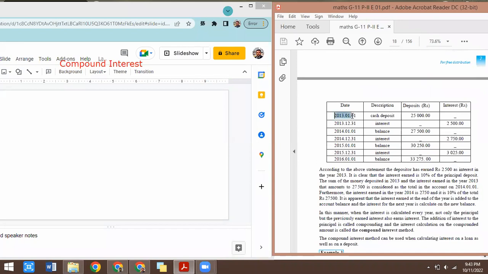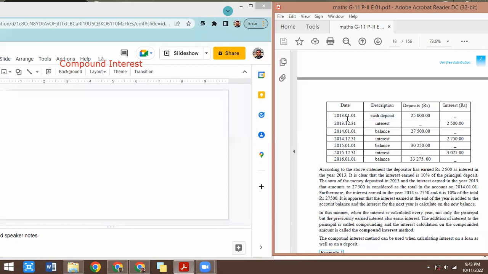The dates are given here: the very first day of the year 2013, and then the end of 2013. Then again, the first date of 2014, end of 2014, first of 2015, end of 2015. Then again, the first date of 2016. The description is also shown here.